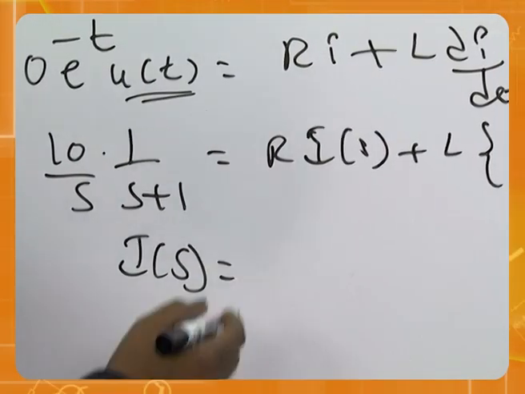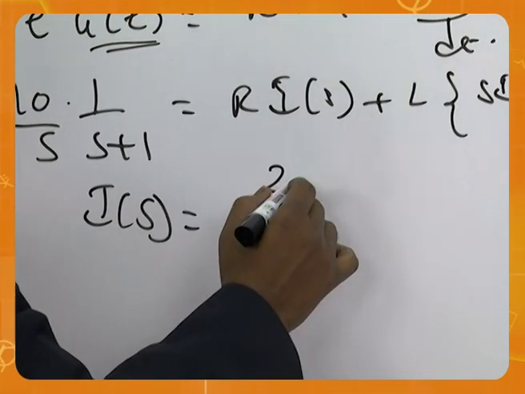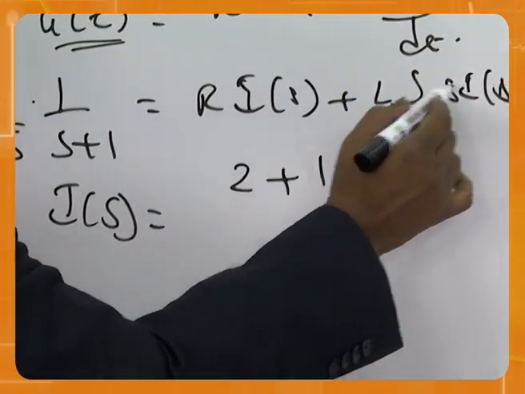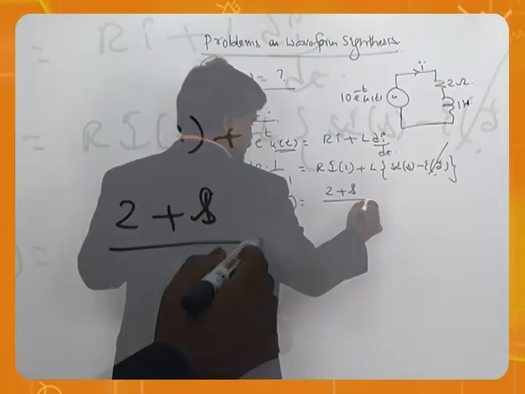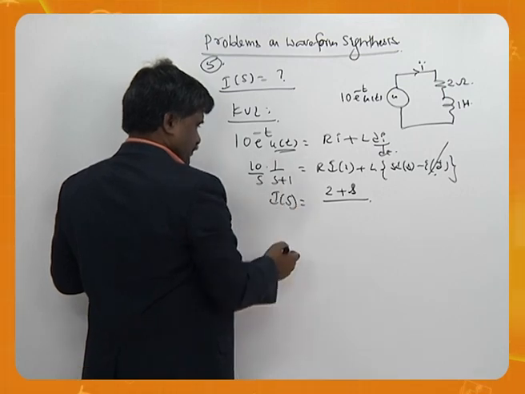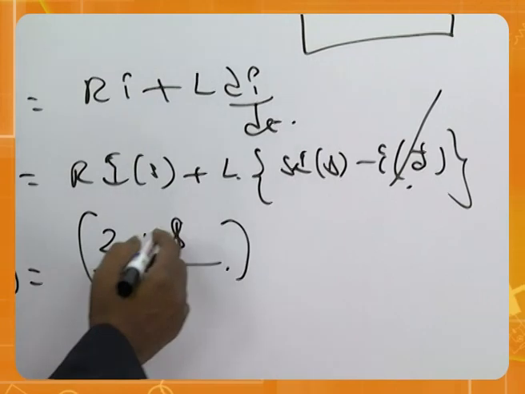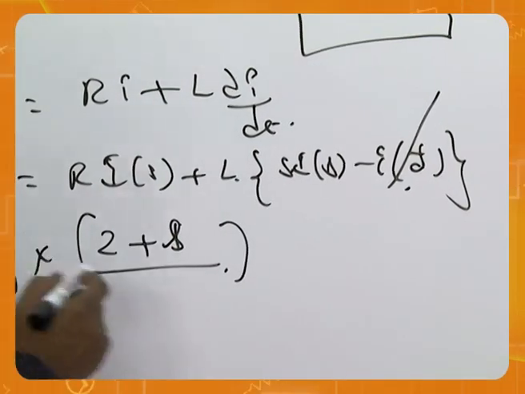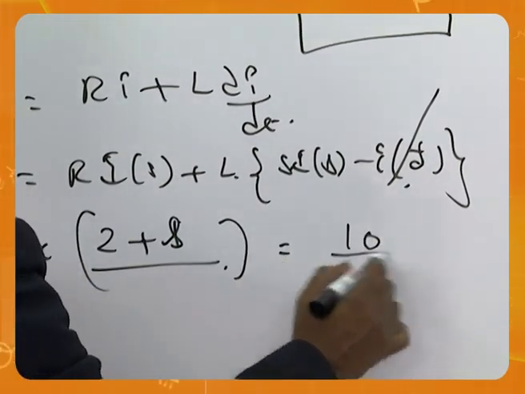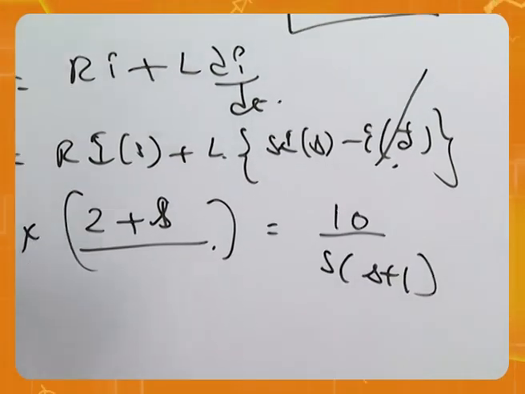I of s is 2 plus 1 into s, yes, here is 2 into s, into I of s is equal to 10 by s into s plus 1.